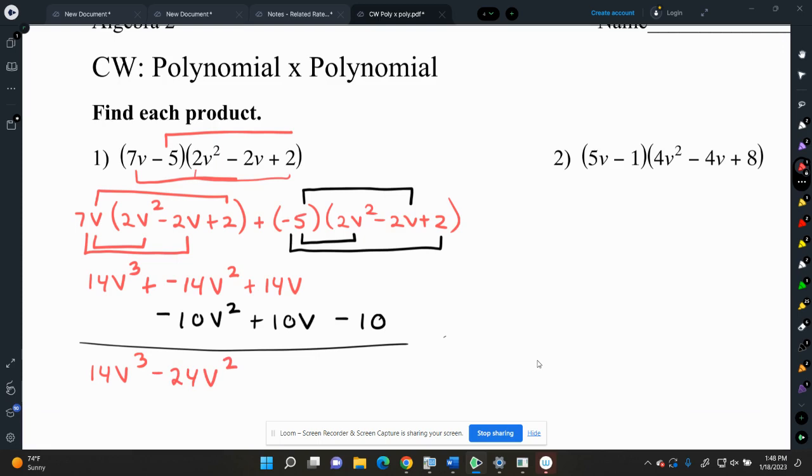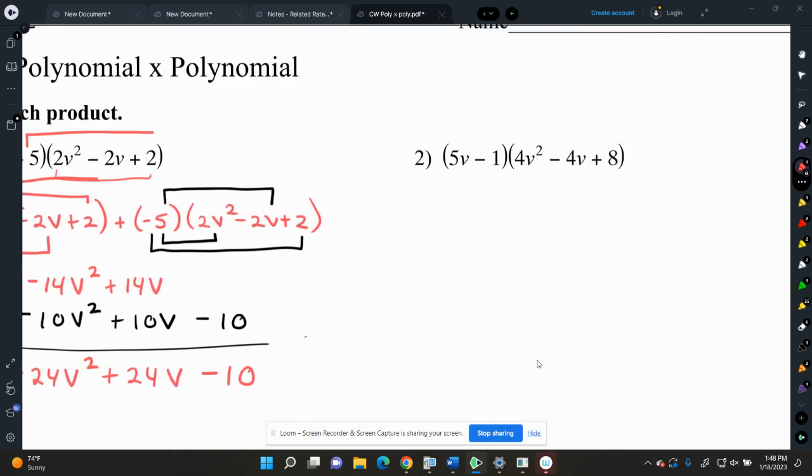Positive 14v plus 10v. What does that give us? 24v minus 10. And that's our answer. It's not too hard, right? But if you're not comfortable with this process, this is what I recommend. Okay, let's do the next one.